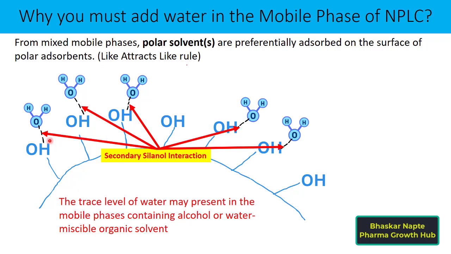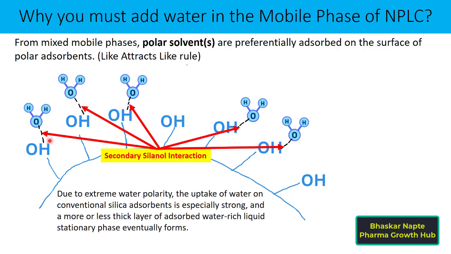So because of this trace level of water present in the solvent, the water molecules are going to form a thin sheet onto these active sites of the stationary phase.